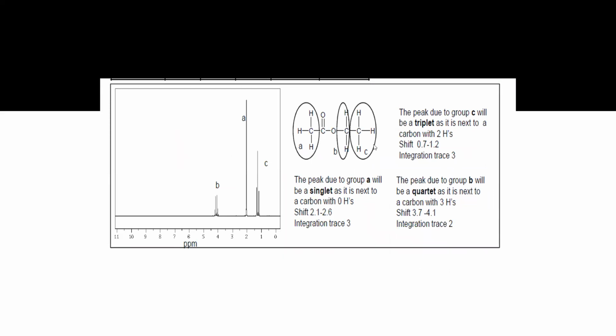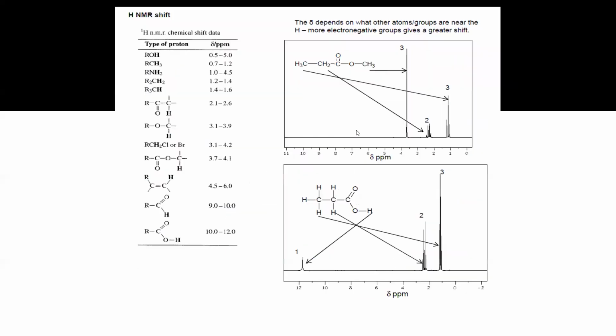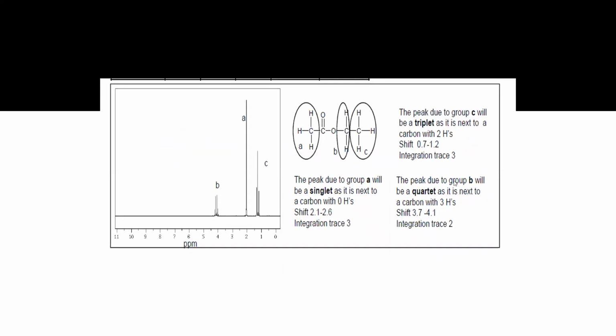And for the last, this CH3, next to this is a carbon chain, CH2. If CH3 is next to an alkyl group, then it is from 0.7 to 1.2. And what will the splitting be?